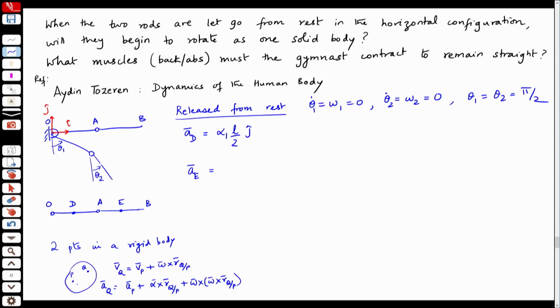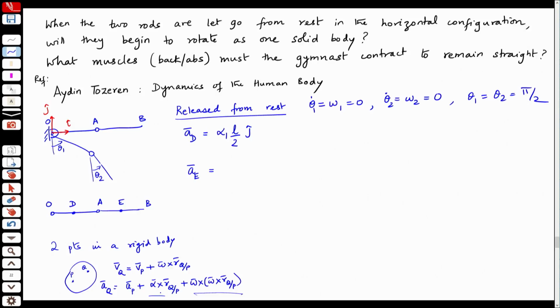This is the circular motion happening about the point P, and similarly the acceleration is also due to that. You have the centripetal component and then the tangential component. That is the basis for this equation, because Q can only move along a circular path since the distance between P and Q does not change, given the assumption that this is a rigid body.